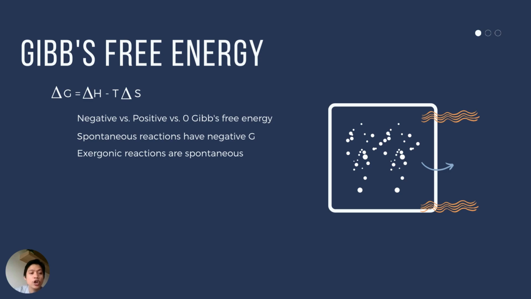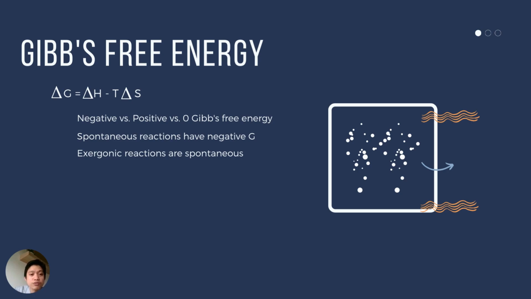On the other hand, you will have more negative Gibbs free energy if you have lesser enthalpy, and you will have more Gibbs free energy if you have more enthalpy, delta H. So Gibbs free energy tells us in what direction a particular system will move.